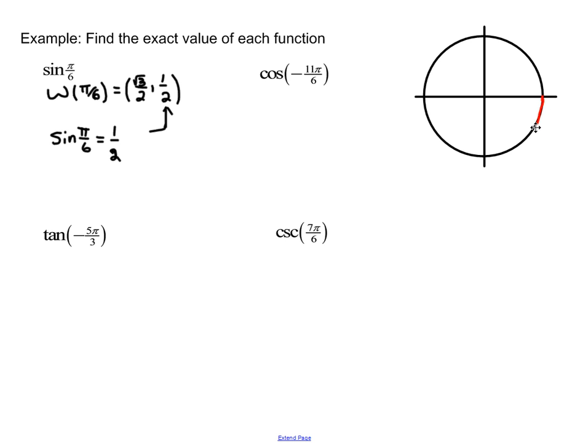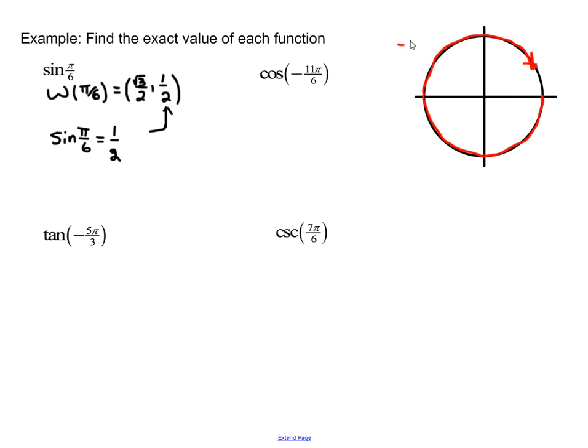That means that as we're looking at our rotation, we're going in the negative direction. Here's negative pi over 2. Here's negative pi. Here is negative 3 pi over 2. Negative 11 pi over 6 would be all the way over here, right?